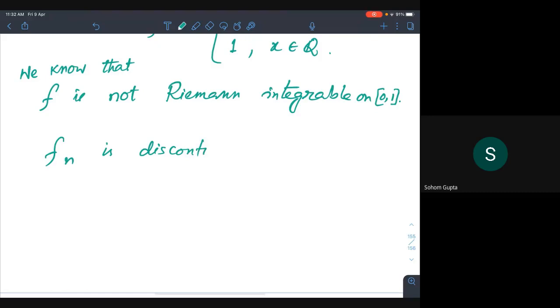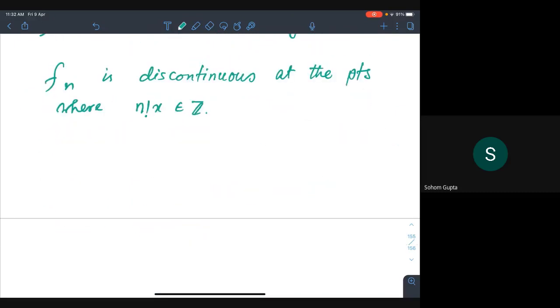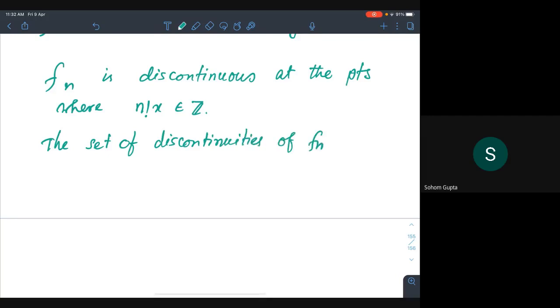So Fn is discontinuous at the points where n! x belongs to Z, which means the set of discontinuities of Fn is equal to the set of x in [0, 1] such that x has to be rational.